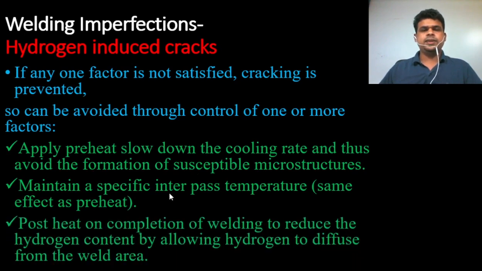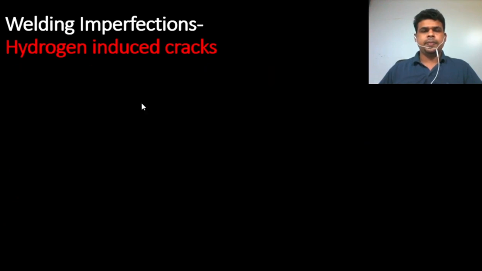Maintain a specific interpass temperature, which has the same effect as preheat. Then post heat on completion of welding to reduce the hydrogen content by allowing hydrogen to diffuse from the weld area. So these are the things by which we can control hydrogen induced cracking.